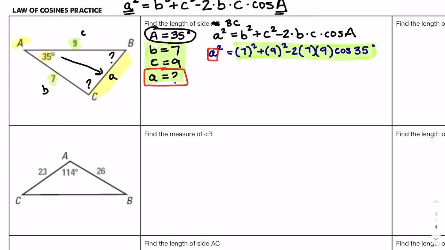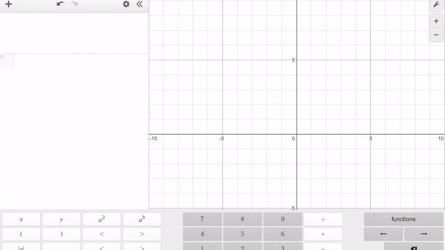So I'm going to go to Desmos, and in Desmos, I'm going to put all of this. Sorry, I'm writing it down so I know what to put. Okay, so let's go back to our friend Desmos. And what I want to put is 7 squared plus 9 squared, minus 2 times 7 times 9 cosine 35.